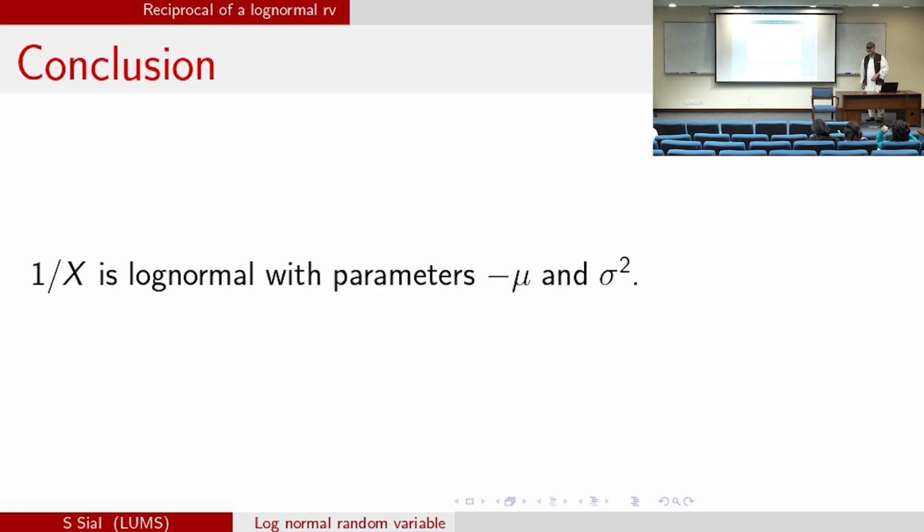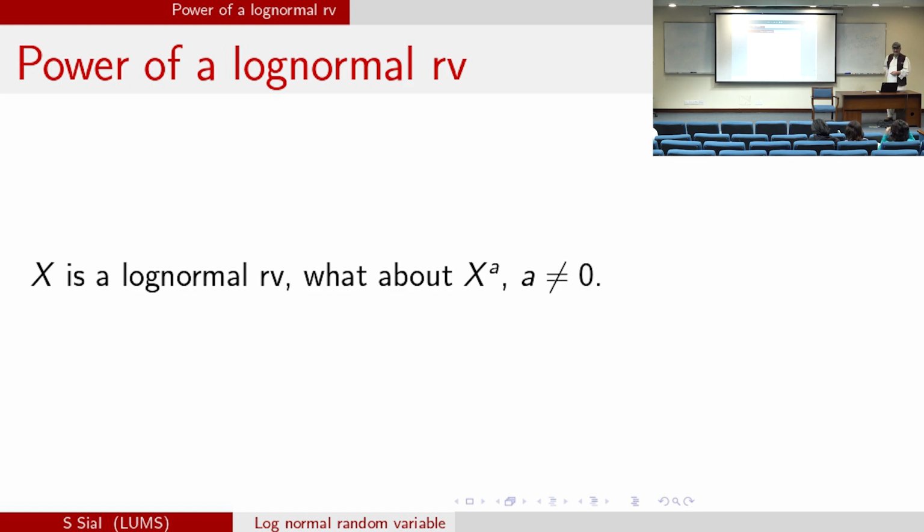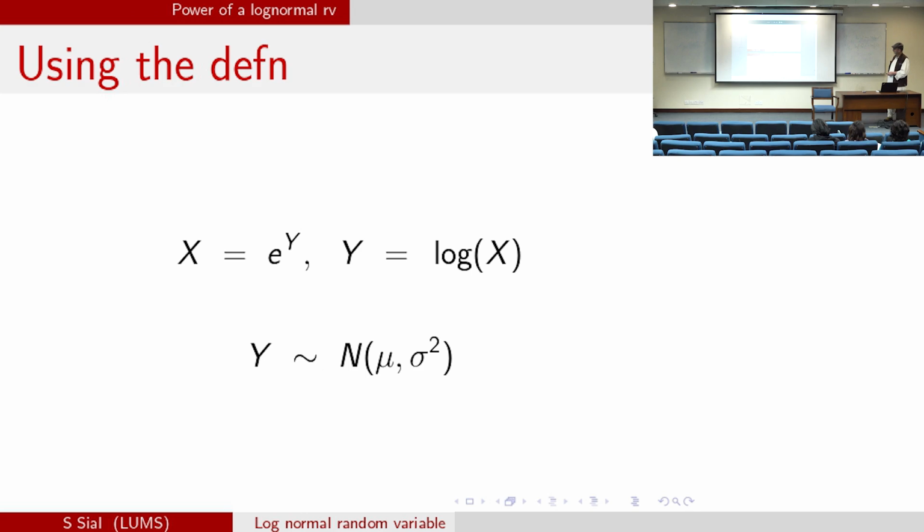What about a power? X is log normal, and we have a new variable X to the a, where a is not equal to 0. So X is equal to e to the Y, or Y equals log of X, with Y being normal with some parameters mu and sigma squared.